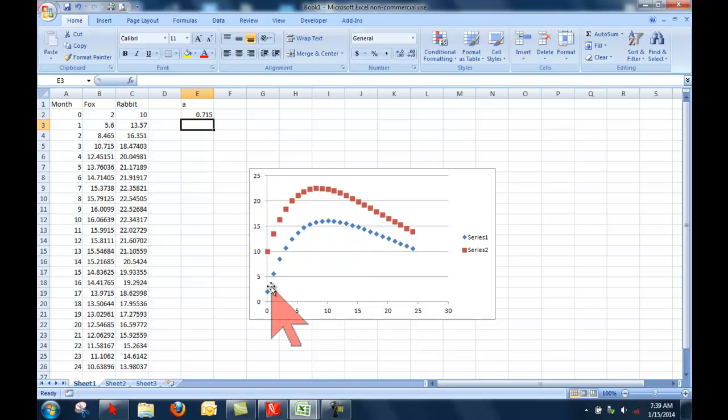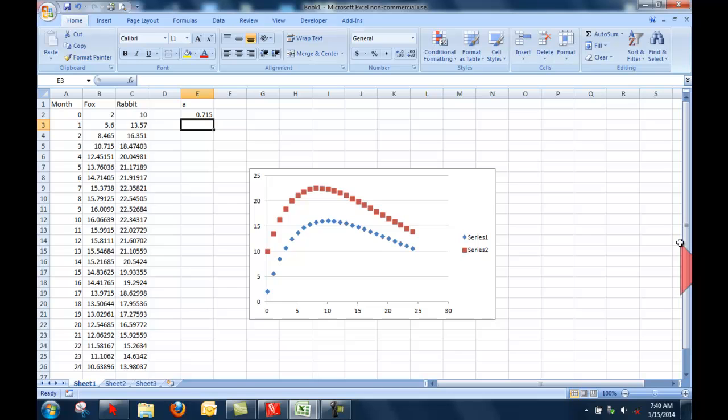What's going on here biologically is the rabbit population starts to increase, the foxes say, hey great, lots of food, and so they increase too. But eventually the fox eats so many rabbits that the rabbits say, wait a minute, I'm peaking here and now my population is starting to get eaten. But as soon as the rabbit population starts to go down, the fox population has to follow because the food supply is decreasing.